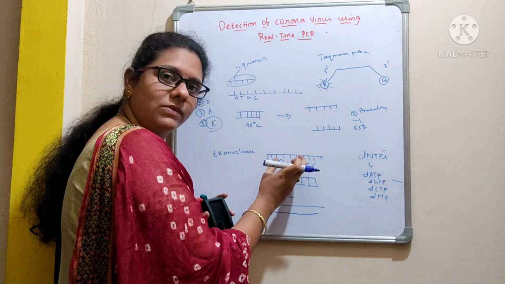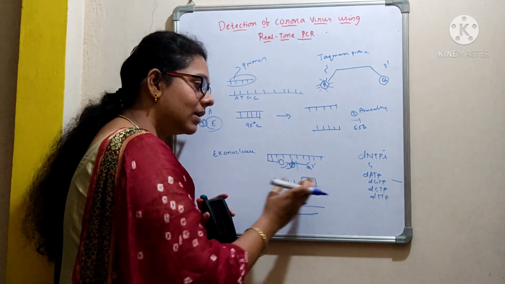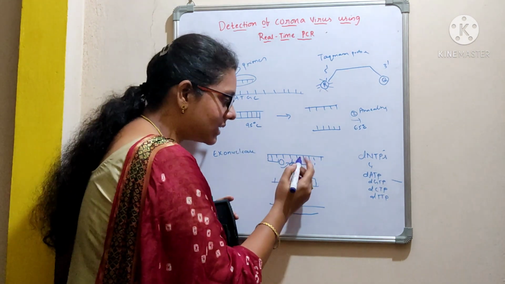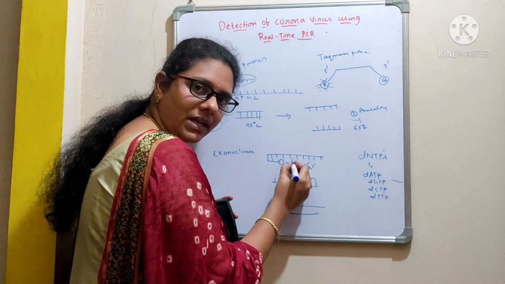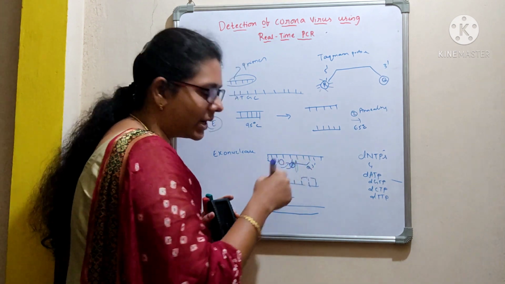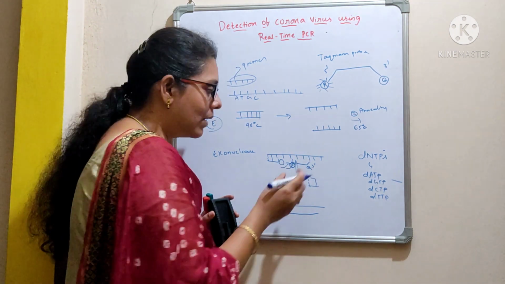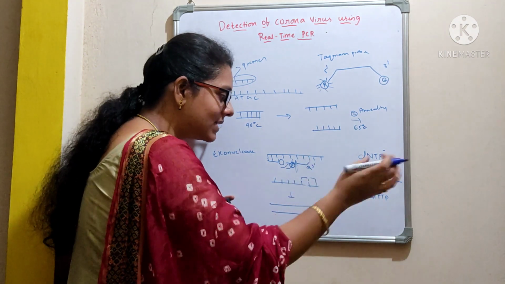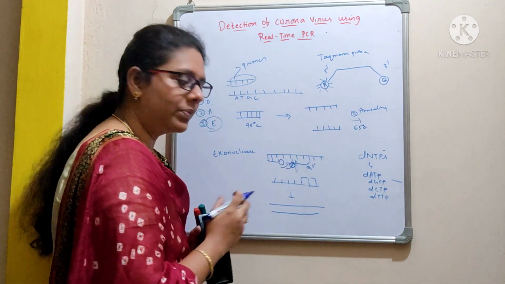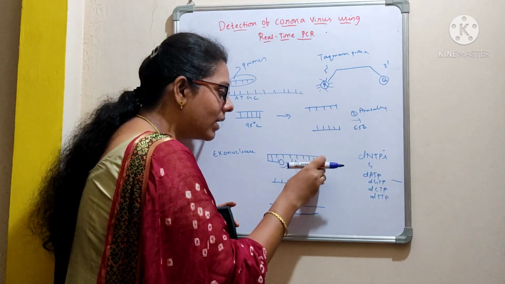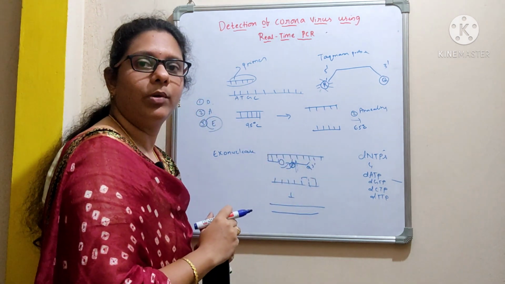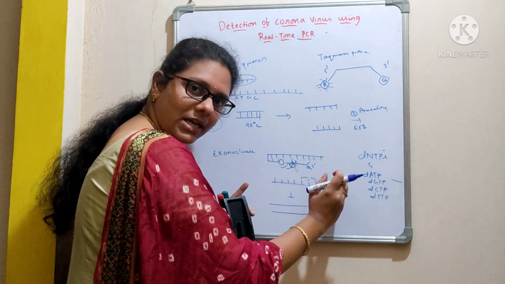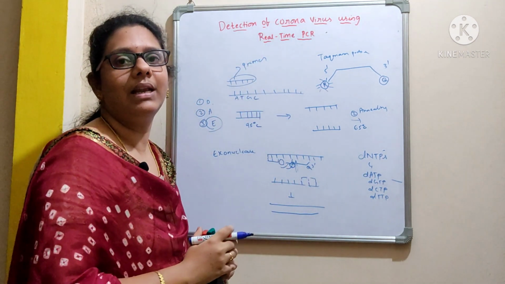The DNA polymerase carries out the synthesis, and when it reaches the TaqMan probe, it breaks it, right? Once the quencher is separated from the reporter, the quencher no longer inhibits the activity of the reporter. So once it is separated, as DNA synthesis takes place, it emits light.